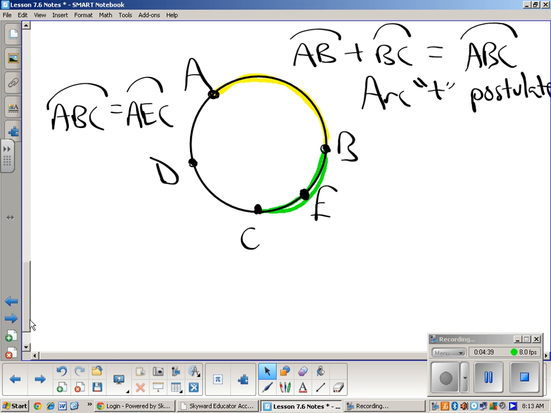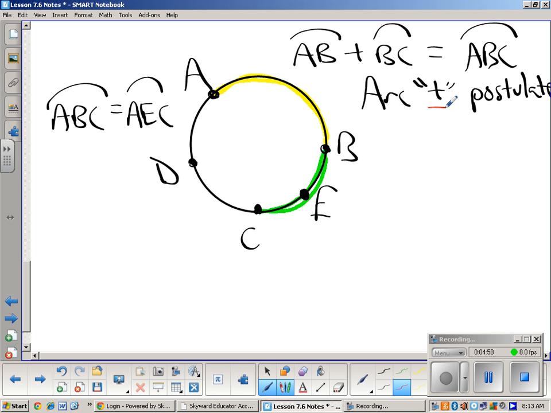Abbreviation here stands for addition. Arc addition postulate. We've had the segment addition postulate, we've had the angle addition postulate, now we have the arc addition postulate.